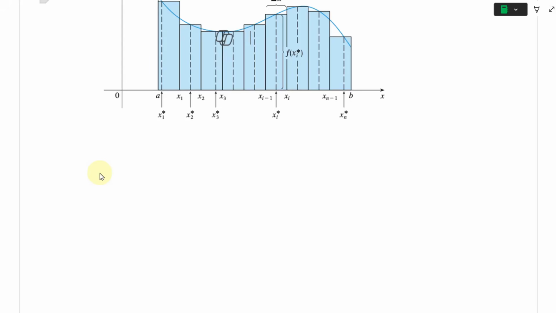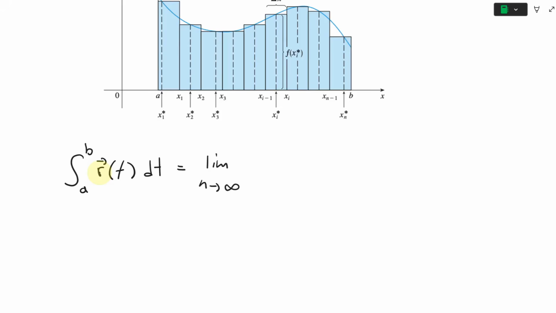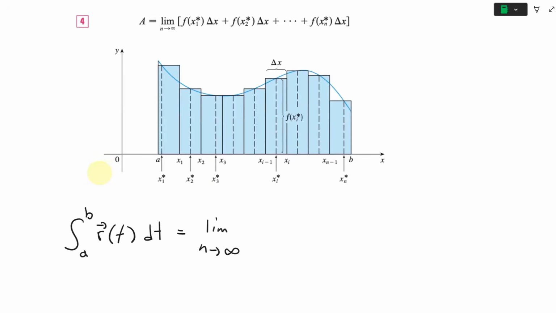All right. So for vector functions, we'll have again the same setup. The integral from a to b of the r vector of t dt equals the limit as n approaches infinity. And now we would just sum these up.